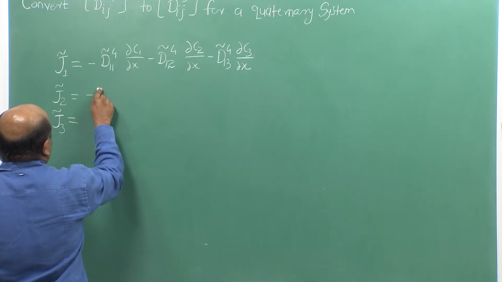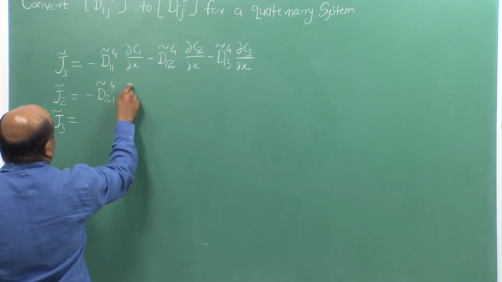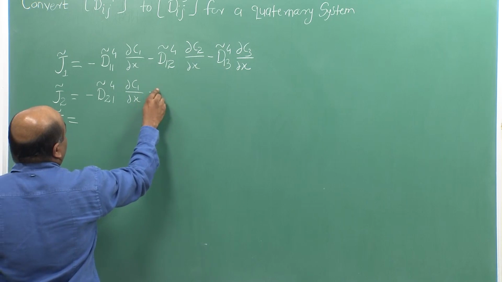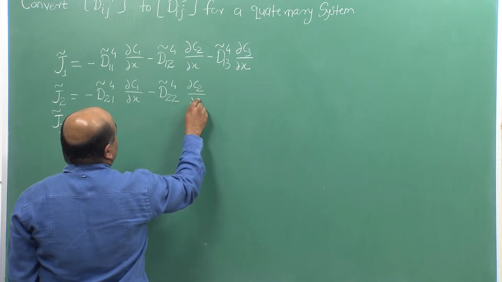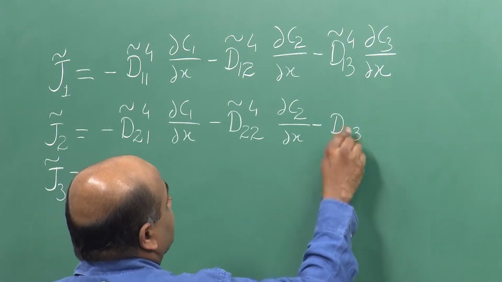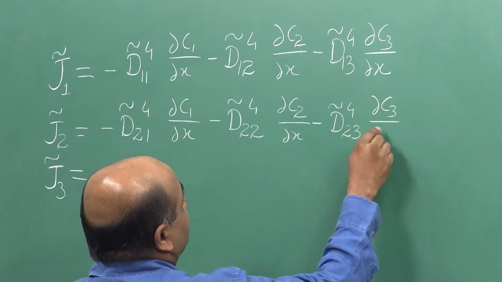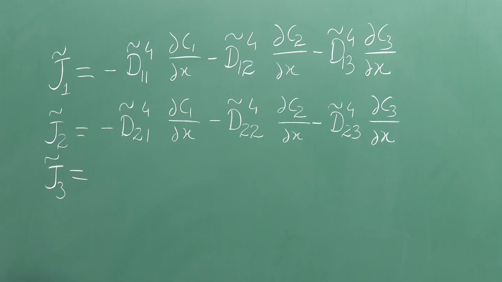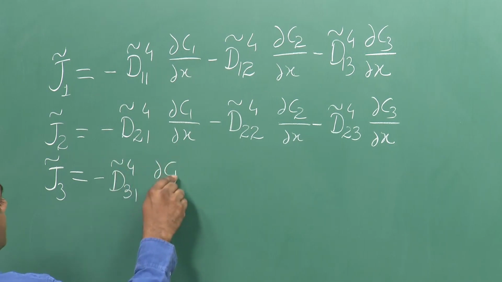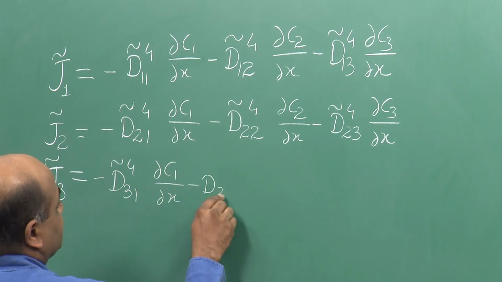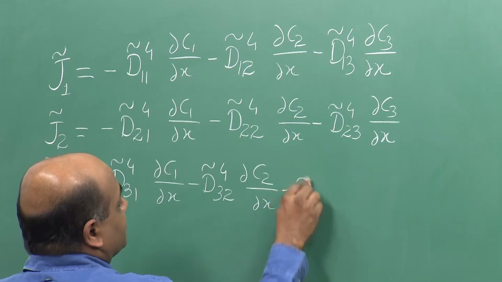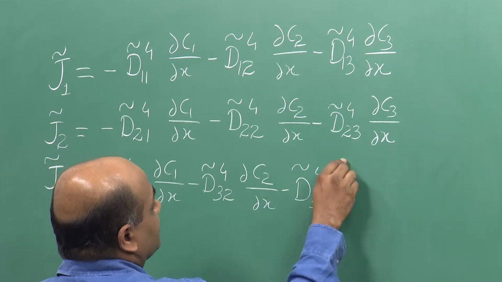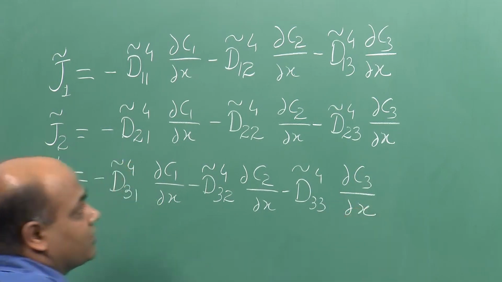J2 tilde is equal to minus D21 tilde 4 ∂c1/∂x minus D22 tilde 4 ∂c2/∂x minus D23 tilde 4 ∂c3/∂x, and J3 tilde is minus D31 tilde 4 ∂c1/∂x minus D32 tilde 4 ∂c2/∂x minus D33 tilde 4 ∂c3/∂x.